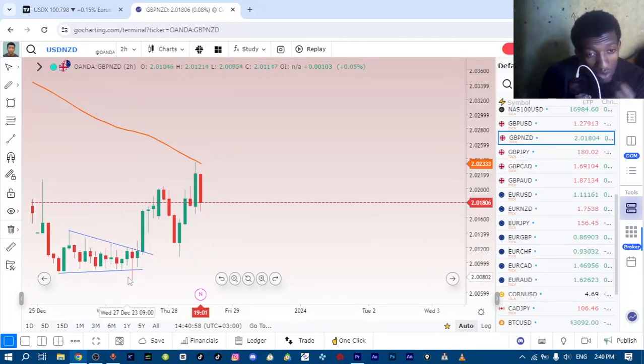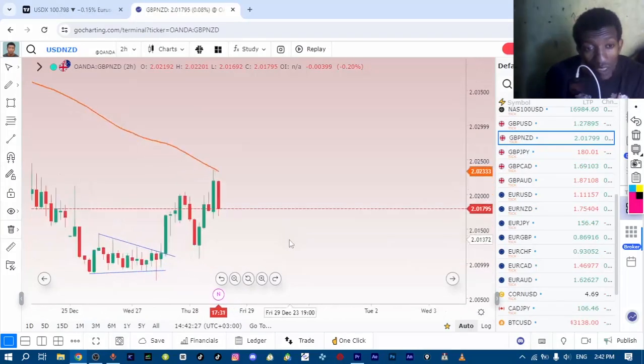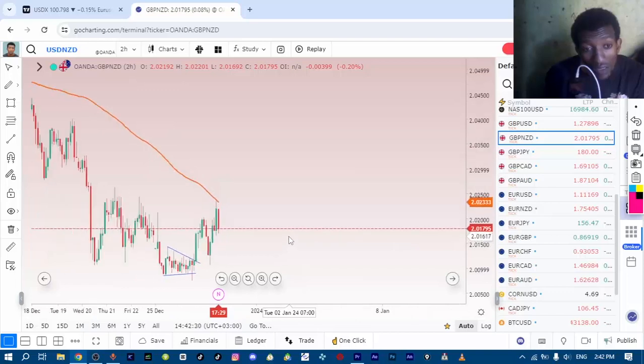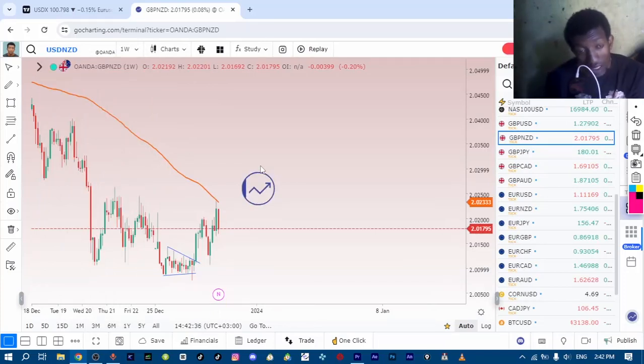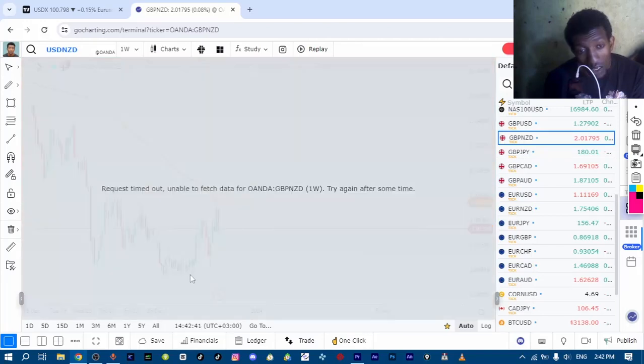How do you prevent this? You can use trend lines. Okay, if you go to the weekly time frame, this thing could have come from the previous trend, the previous bullish trend or bearish trend.